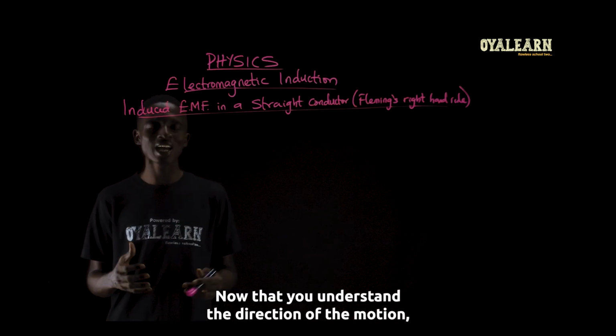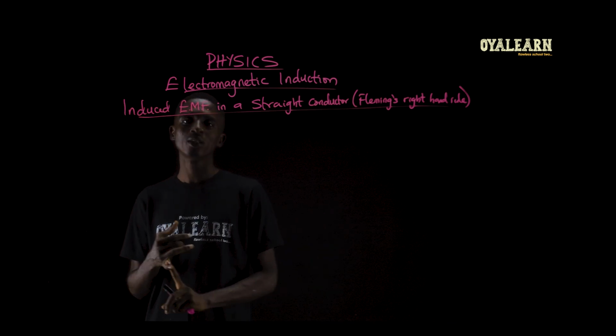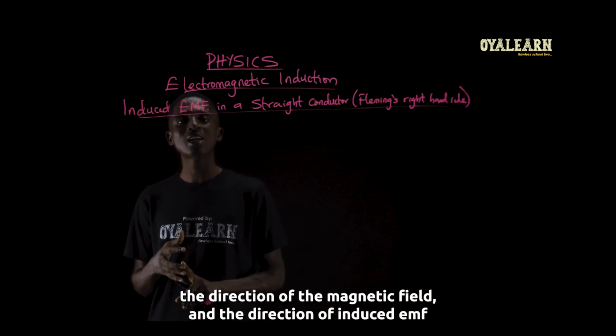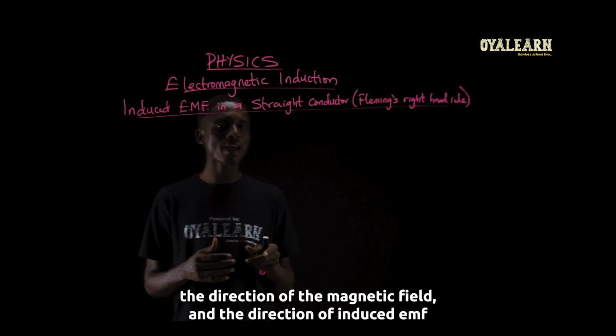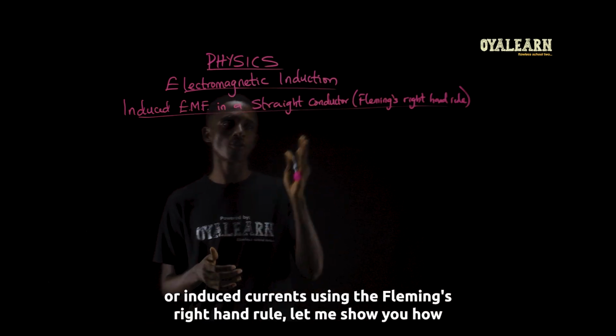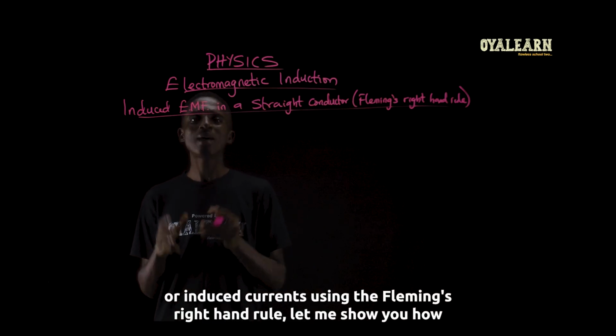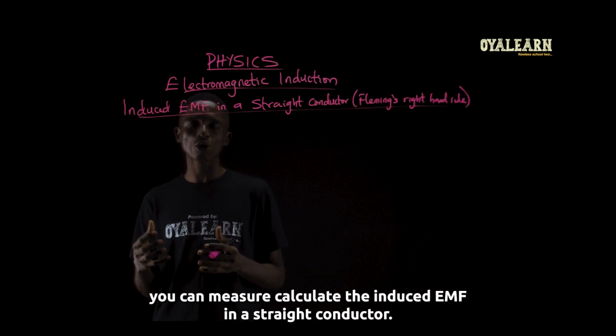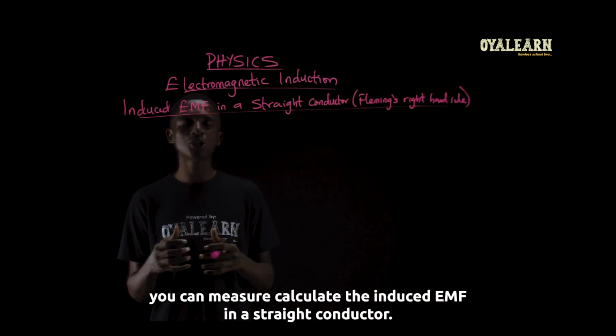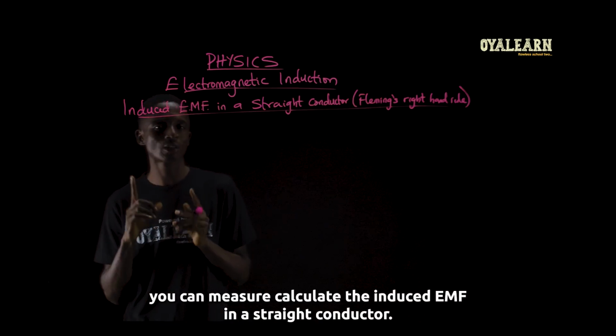Now that you understand the direction of the motion, the direction of the magnetic field, and the direction of induced EMF or induced current using Fleming's right-hand rule, let me show you how you can calculate the induced EMF in a straight conductor.